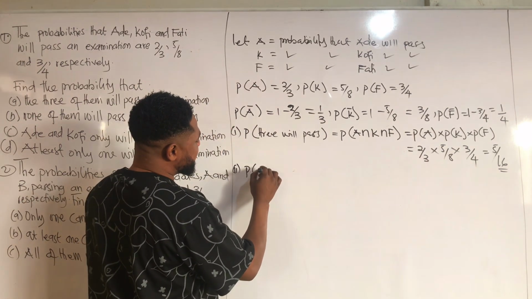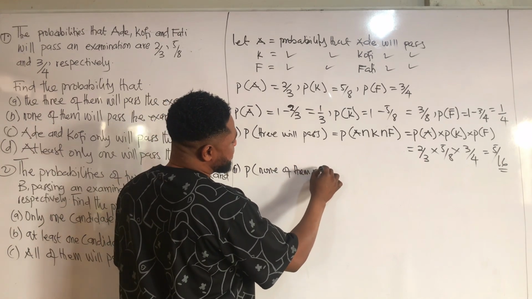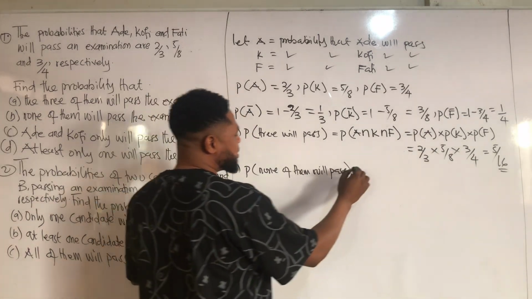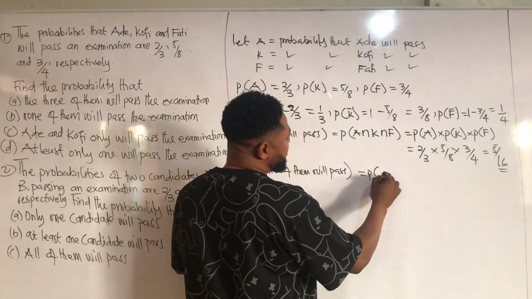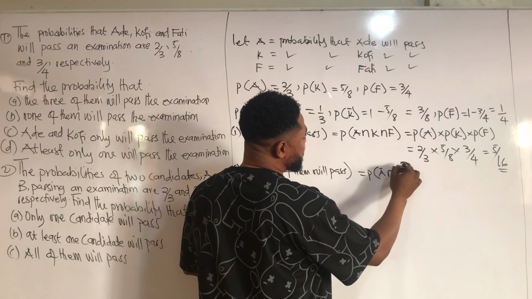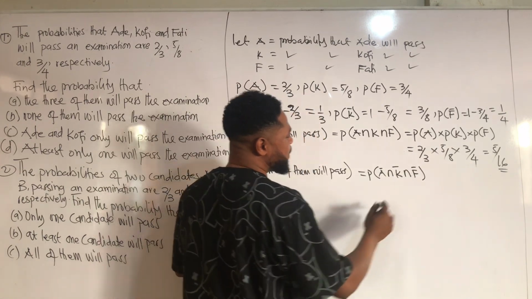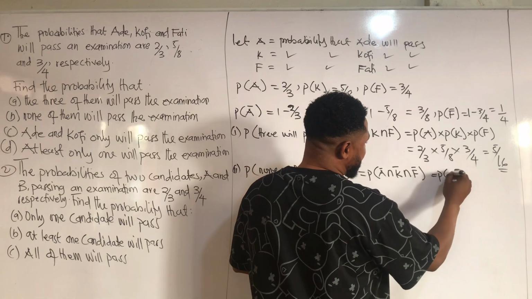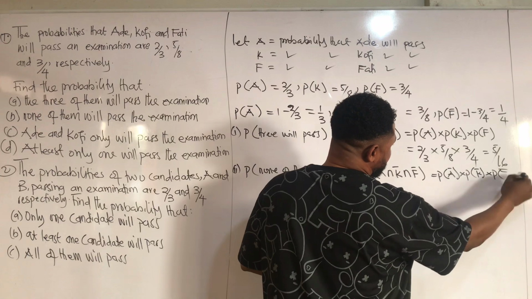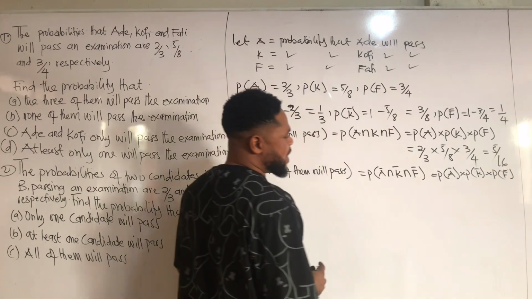So probability that none of them will pass is equal to probability that Ade will not pass, intersection Kofi will not pass, intersection Fatih will not pass, which we can expand in this way, times.